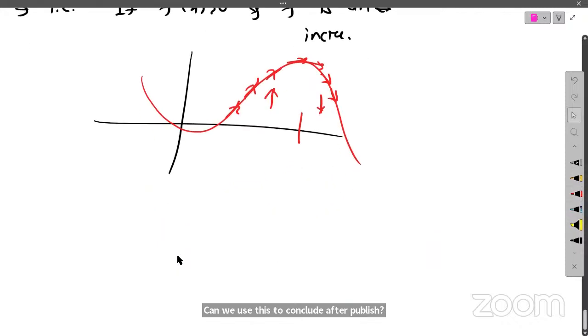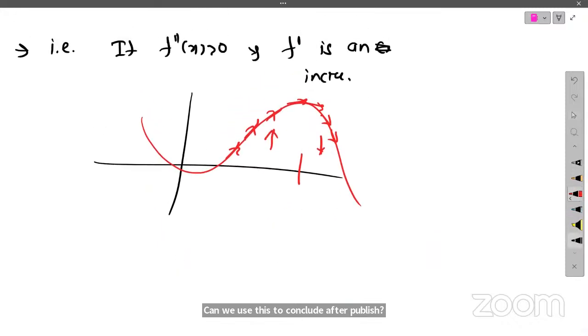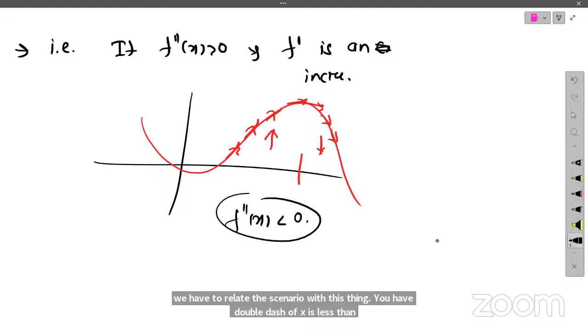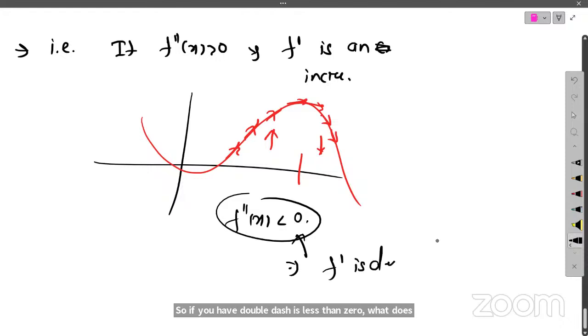F dash is decreasing here, and f dash is increasing here. F dash is 0 here. So we have to relate this scenario with this thing. F double dash of x is less than 0. So if f double dash is less than 0, what does it mean? It means that f dash is decreasing in this particular phase.